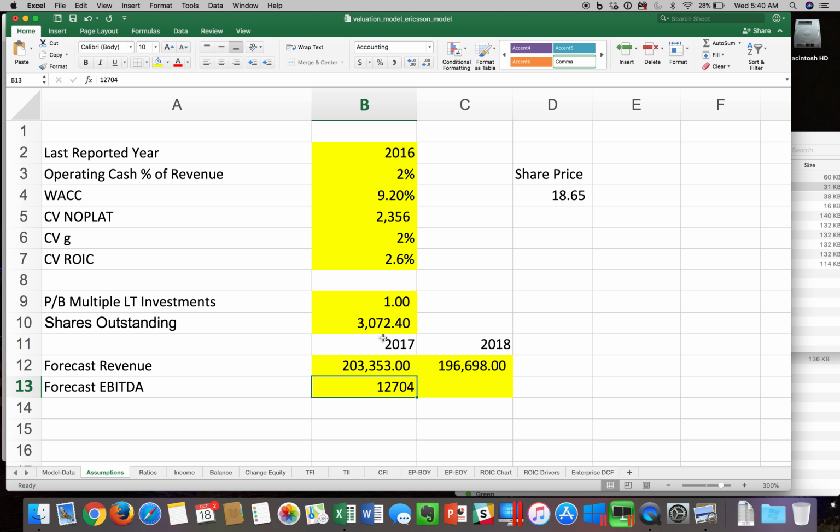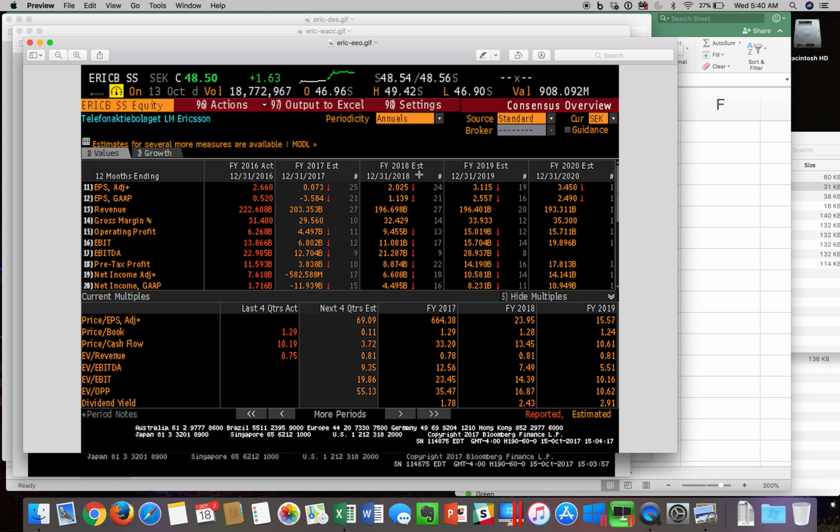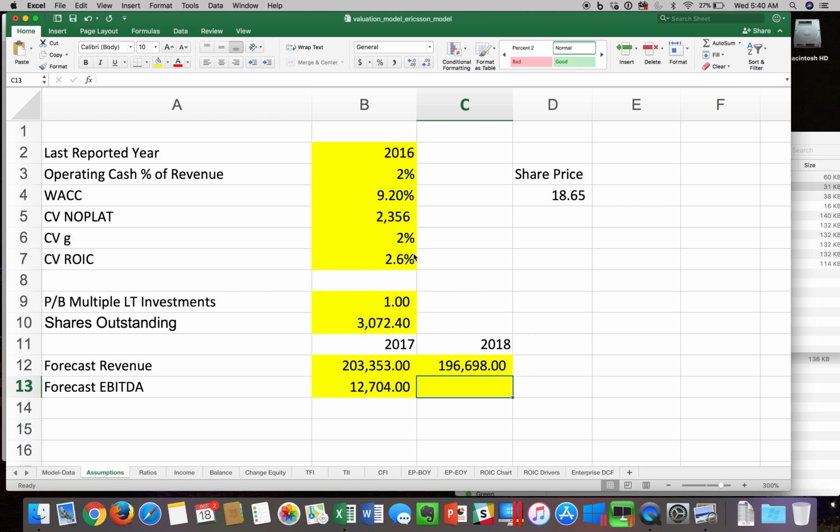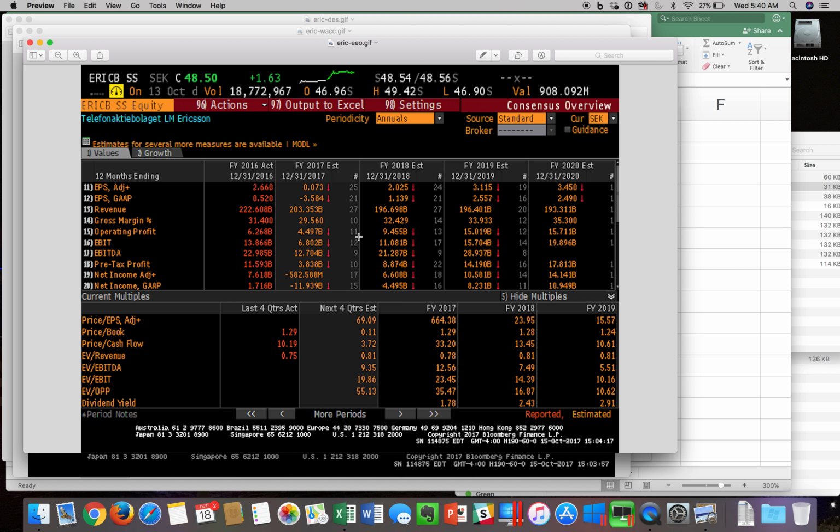And for 2018, the consensus estimate is 21,287. Okay, so right now, these are based on the day we're doing this valuation, October 13th.